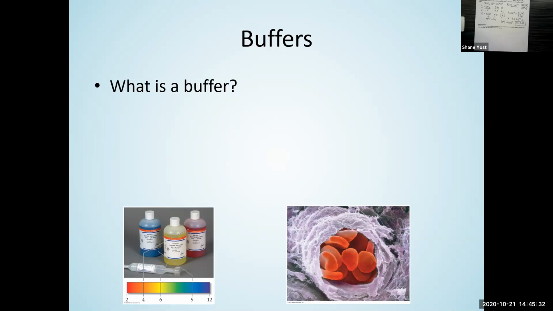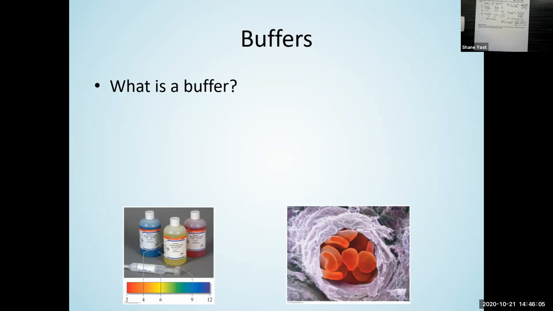This picture here on the bottom right is here because your blood in your body is a buffer solution. Your body itself is a giant buffer solution and is resistant to pH changes. So the addition of some type of strong acid or strong base into your body will not drastically change the pH, which is very good because a drastic change in the pH of your body would cause very big problems for your health.